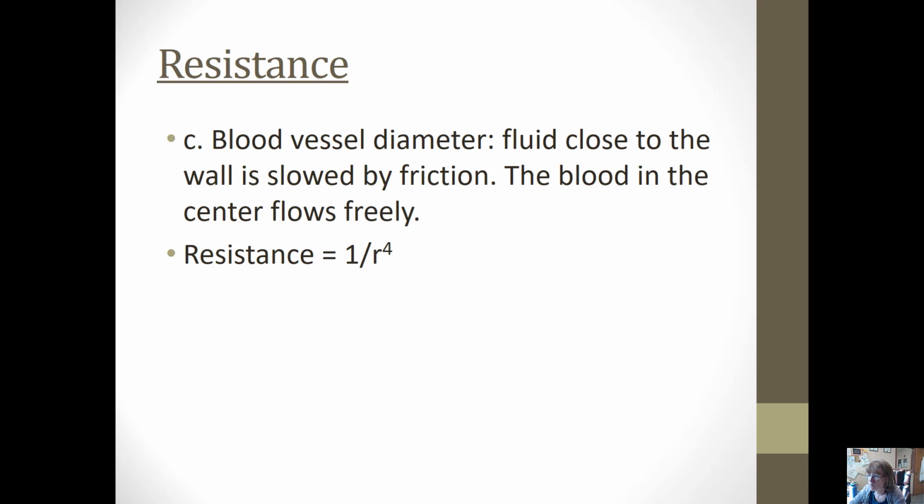So when the fluid is close to the wall, it's slowed by friction, and the blood in the center flows freely. So as you increase the diameter, you have more blood flowing freely through the center and less blood coming in contact with the wall, and therefore resistance would go down as diameter increases, or as diameter decreases, then resistance would increase.